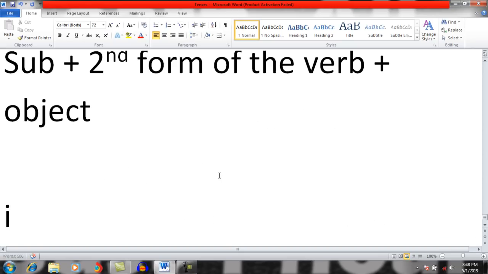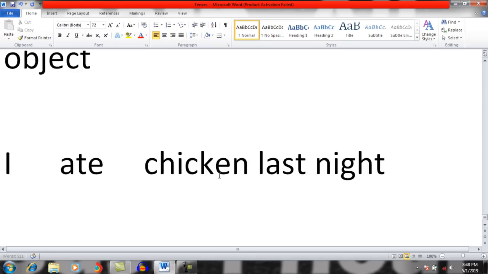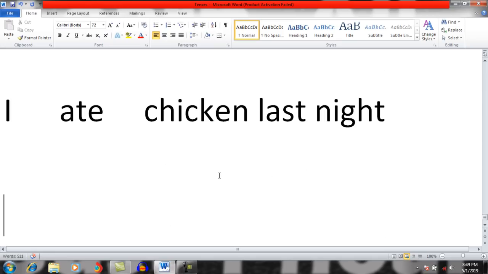So simply you can write sentences like this: I ate chicken last night. It means there is no regulation there. With third person pronoun or with first person pronoun, we just put the second form of the verb. We will always use the second form of the verb.